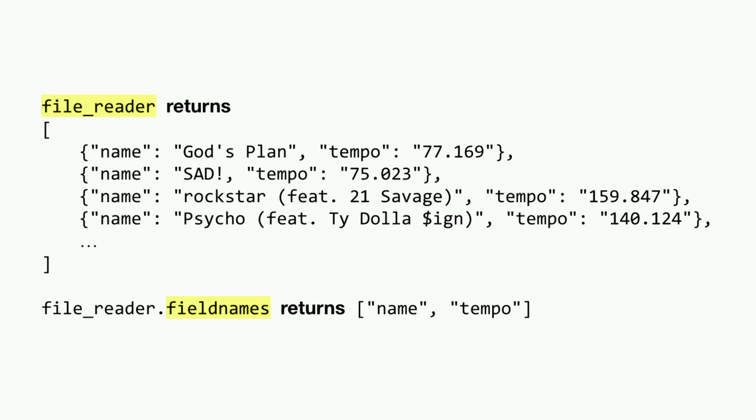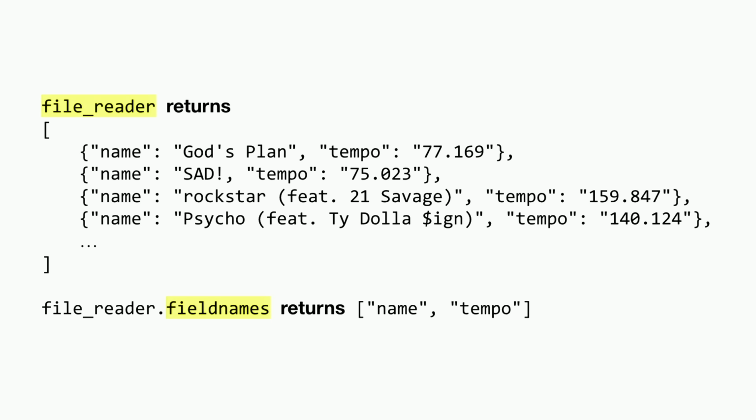So for every row in your file, it's been formatted so that each row has its own dictionary, and each key corresponds with the headers, or the field names, of the CSV.